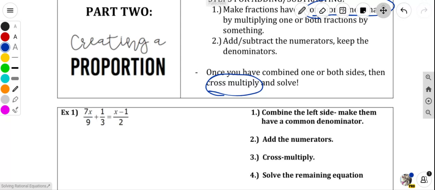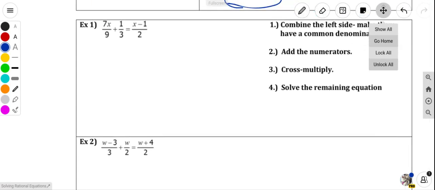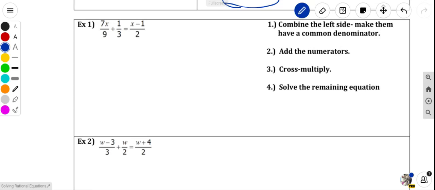This first one right here, notice this is what I was talking about when I said sometimes they have more than one fraction. See how on the left side of the equal sign there are 2 fractions? So we could not go straight to cross multiplying. First we have to add the left side, and in order to do that, they have to have a common denominator.